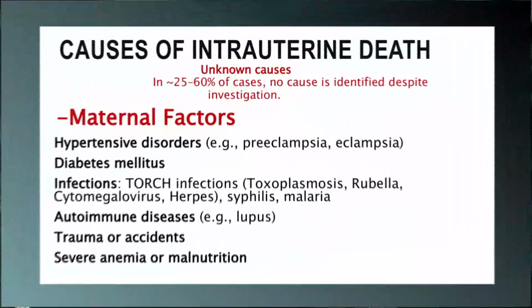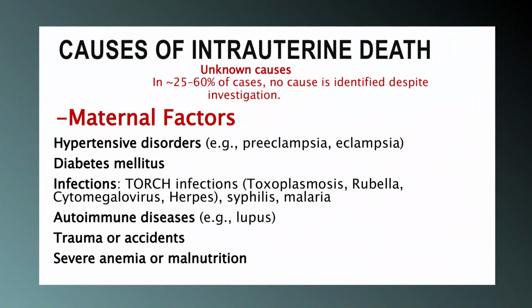Next, we'll discuss the causes of intrauterine death. Around 25 to 60% of causes are unknown. So we have some other risk factors, which include maternal factors, fetal factors, umbilical cord factors and placental factors. We can see each one of them. First we'll discuss the maternal factors.